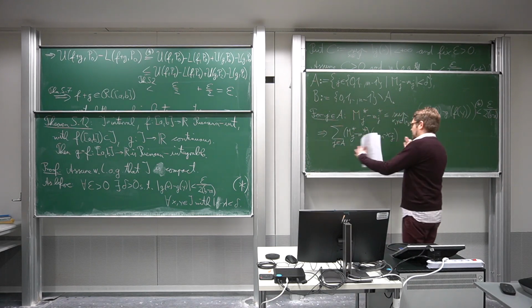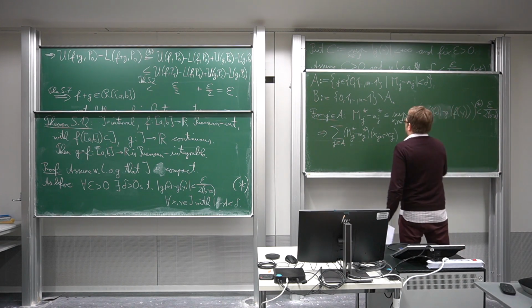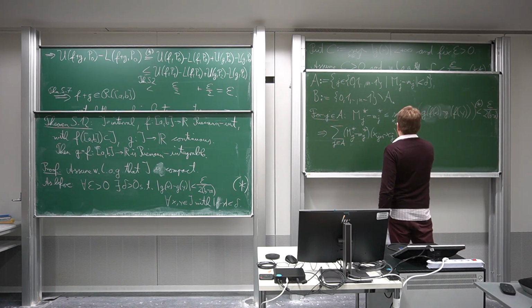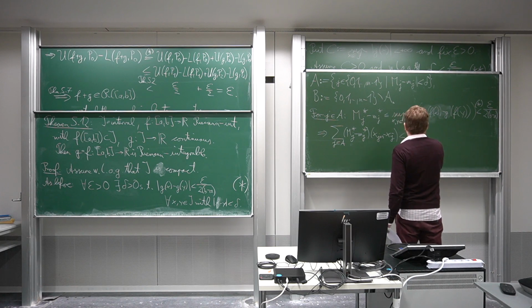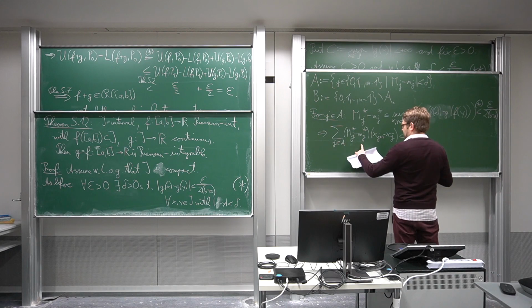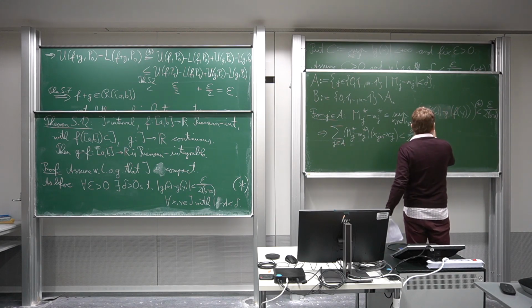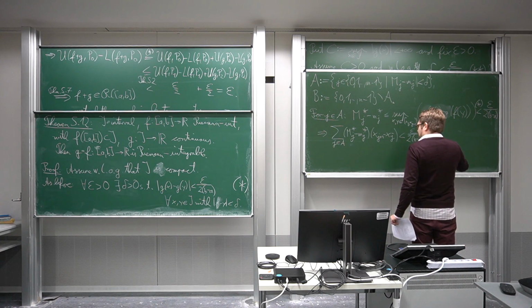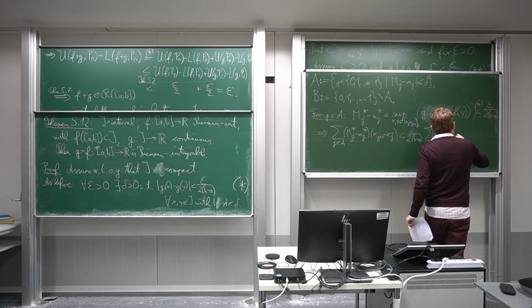So this is really part of this difference of upper and lower sum. By this inequality, this is smaller than epsilon over 2(b minus a), since each of these factors can be estimated, and we can pull this out of the sum, times the sum over all j in A of xj plus 1 minus xj.